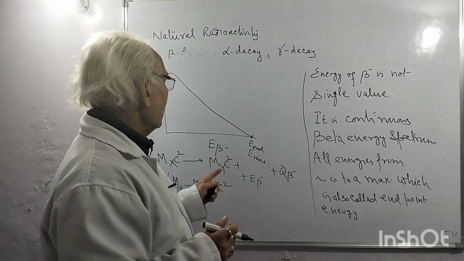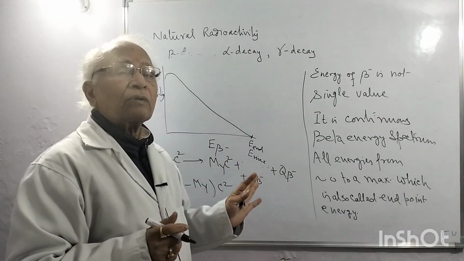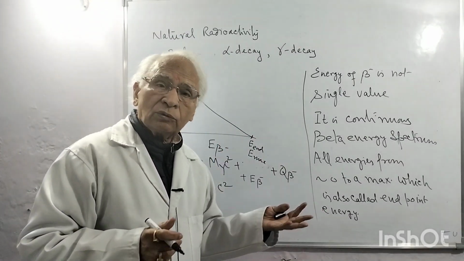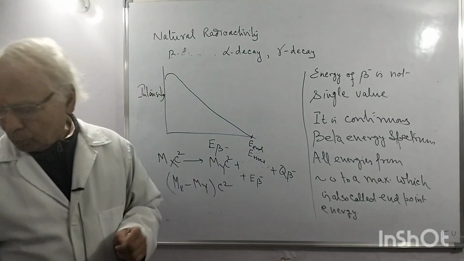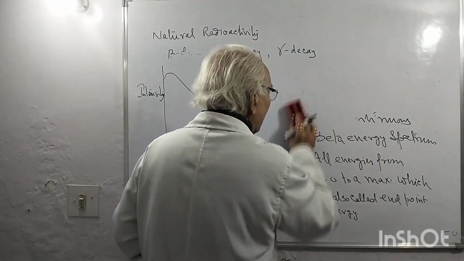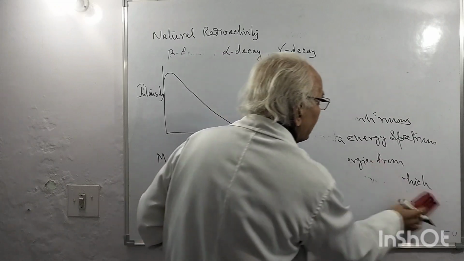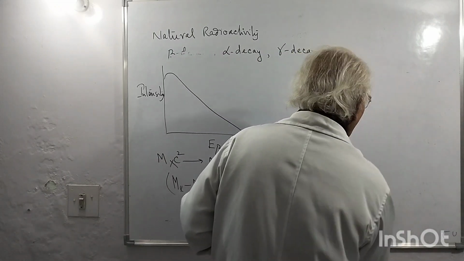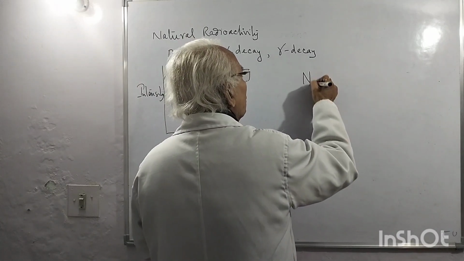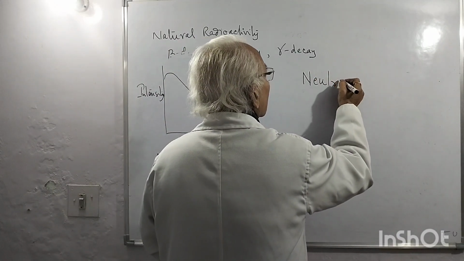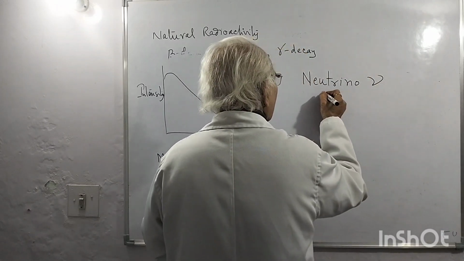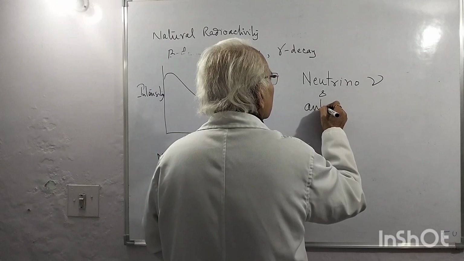So it was thought that there may be some other particle also coming out with the beta particle so that energy is conserved. To conserve the energy, a new particle was thought of, the emission of another particle which can explain the energy conservation. And you remember that this was the postulation of the neutrino. Neutrino and antineutrino.